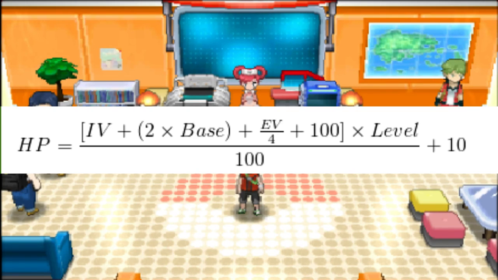So whatever the value of this equation is what your HP stat is going to be. There's no increasing it by 10% or decreasing it by 10%. So we get rid of that effect. So when you're looking at HP, that's not something you need to worry about. And we also see at the end of the equation, instead of adding 5, you just add 10. So very minor changes, but not having to worry about the nature is the biggest thing.